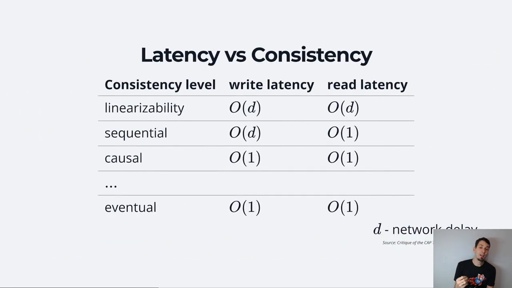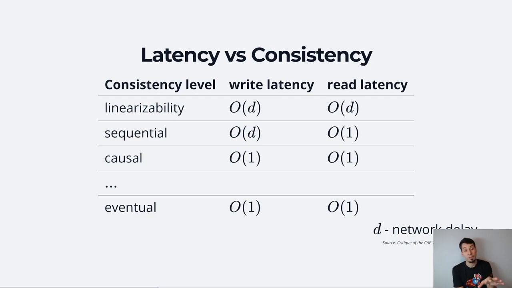I am talking about this latency as the network delay is really critical, as several existing impossibility results allowed establishing lower bounds on operation latency as a function of the network delay for different consistency levels. These results show that any algorithm guaranteeing a particular level of consistency cannot perform operations faster than some lower bound. You can see in this table, the notation here is similar to what is used in complexity theory to describe the running time of an algorithm.